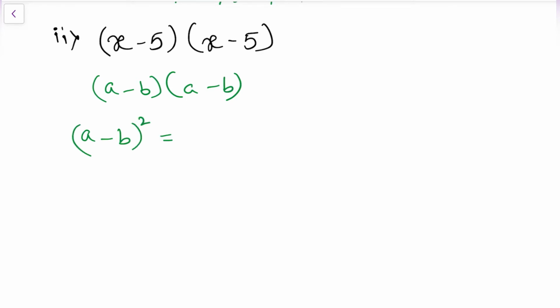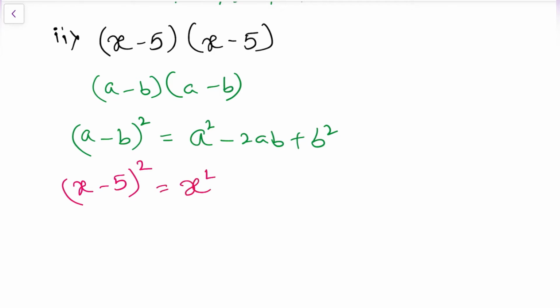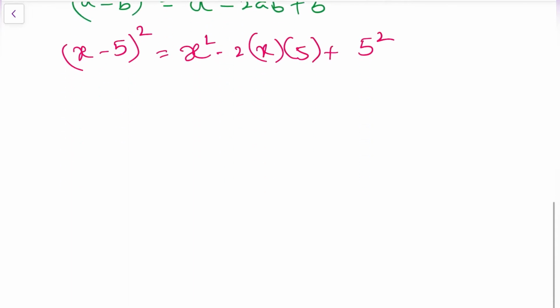So a minus b whole square is equal to a square minus 2ab plus b square. So let us substitute. x minus 5 into x minus 5 is nothing but x minus 5 whole square. So x minus 5 whole square is nothing but x square minus 2 into x into 5 plus 5 square.